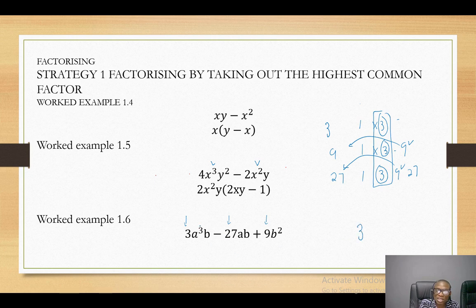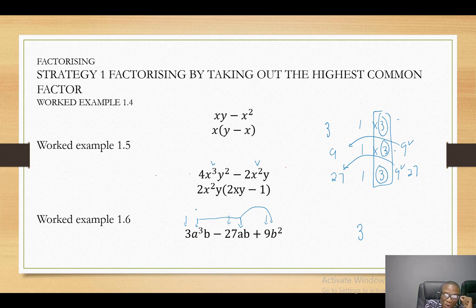So I have a common factor of 3 for the numbers. Now let me look at variables, which is a cubed, a, but I don't have a on this one. On 9b squared, there is no a. So I can't say a is the common factor of these 3 terms.